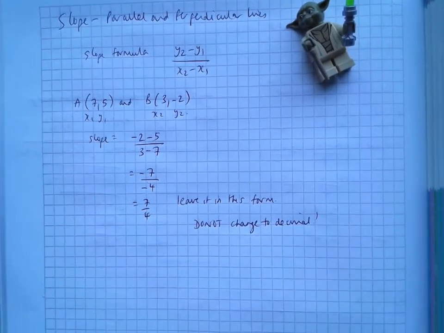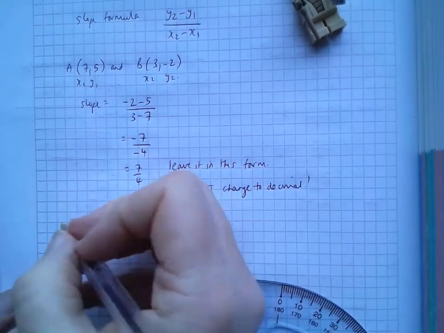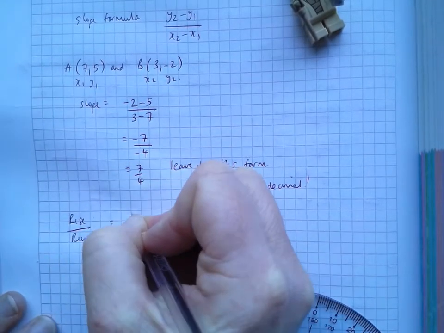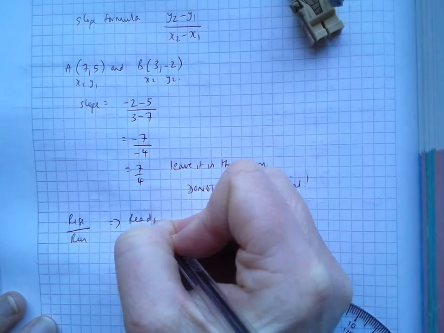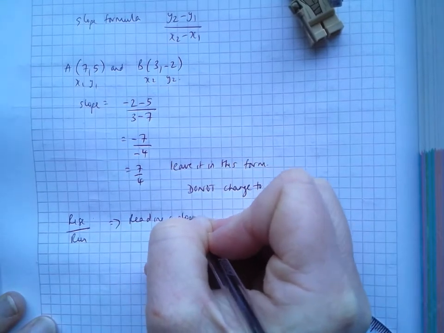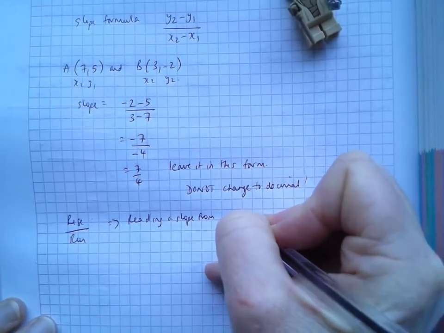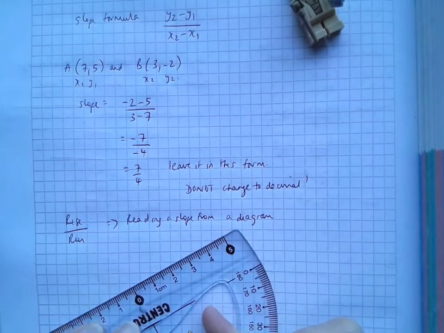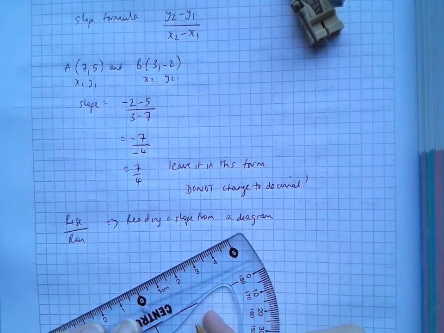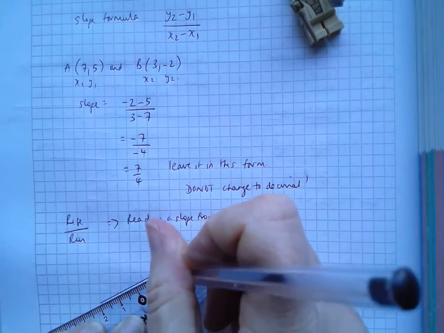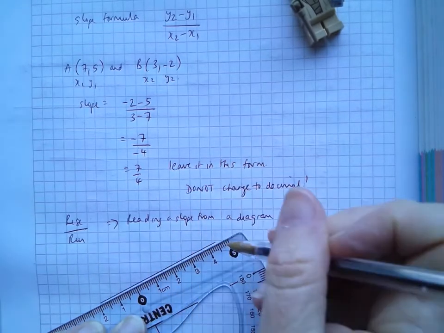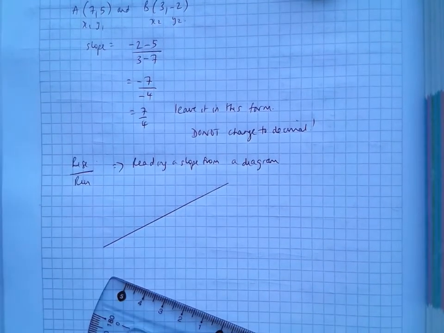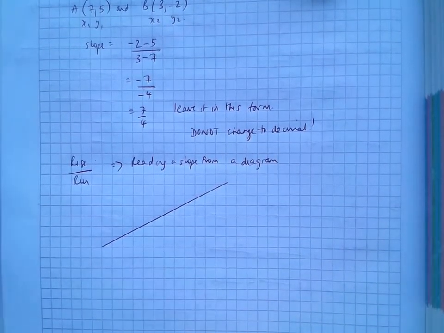What's causing a bit more trouble is this idea of rise over run and reading a slope from a diagram. Let's take an example. Say we're wondering about the slope of this line here, and it's just drawn like that, and we're not sure how to work out the slope.